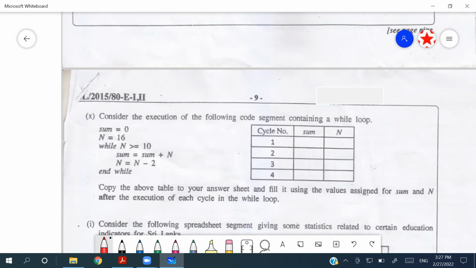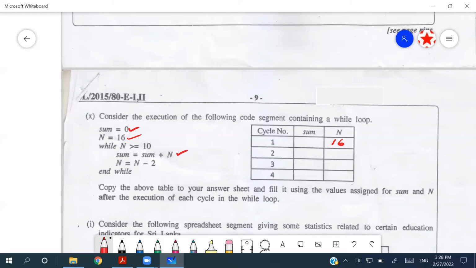So sum equals 0 will happen, n equals 16 will happen, while n larger than or equal to 10. Right now, n is larger than 10, so then sum equals sum plus n. Initially, sum was 0. Now, the trick is, as I remember, in the marking scheme, they only considered the values during the iteration.